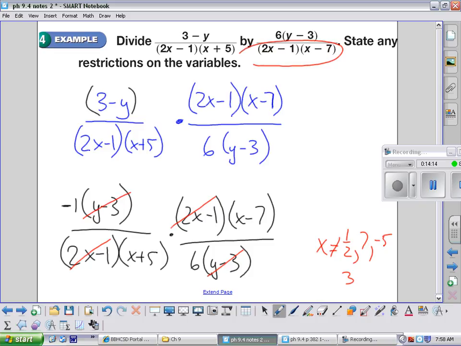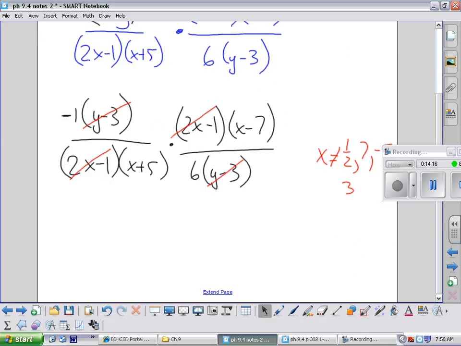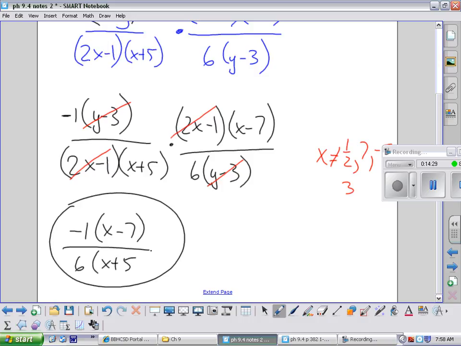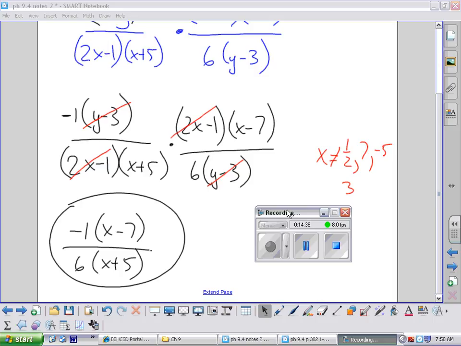And basically your final answer would just be negative 1 times x minus 7 over 6 times x plus 5. And you could express it that way. You could multiply that out together, whatever you so choose. Okay, so simplify basically straight away. Simplifying with multiplication and division is what you can do today. Hope you're having a great day, and we will work on this more in class.